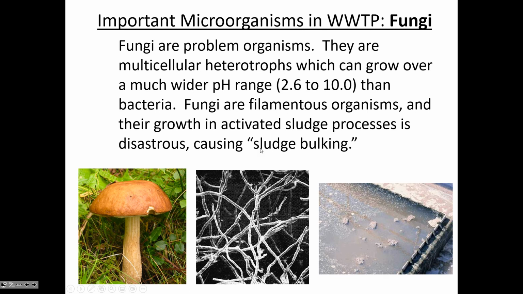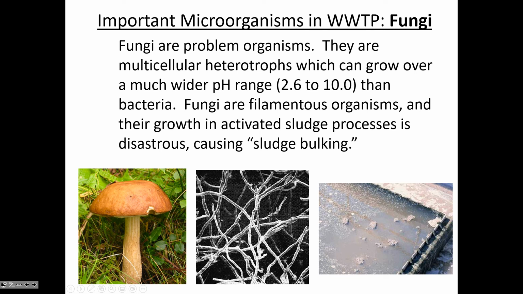Filamentous just means that they are long and stringy and clump together, and because of that they settle poorly. Remember that spherical shapes settle well because you have a relatively large mass and a low surface area. But if it's long and filamented, you have a relatively large surface area relative to the mass, so it's going to settle more slowly.